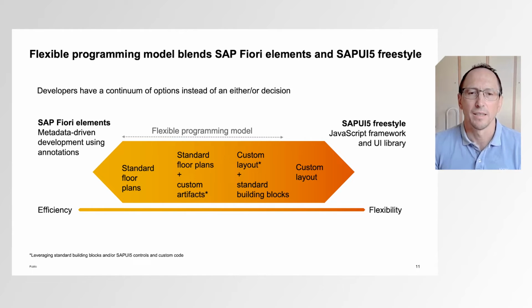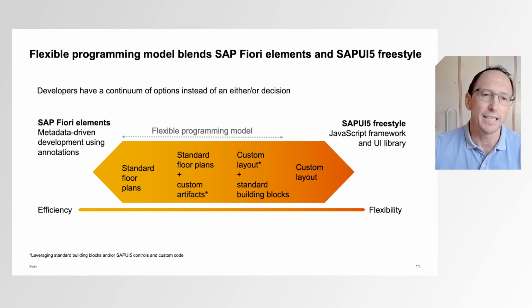Thanks, Peter. I'm happy to talk about another major improvement of SAP UI5 development, the flexible programming model. It brings together UI5 freestyle and Fiori elements V4 in a seamless manner. It's no longer an either-or decision.